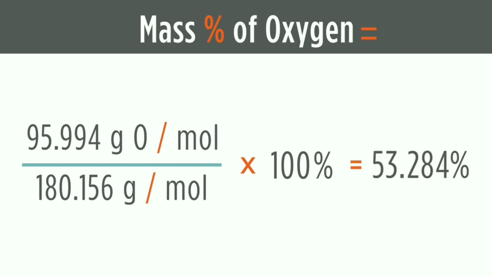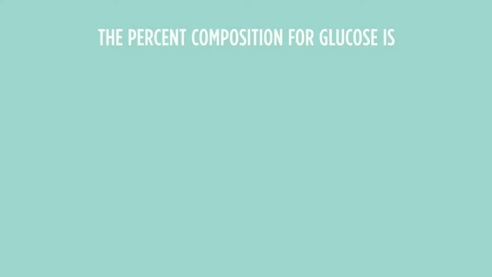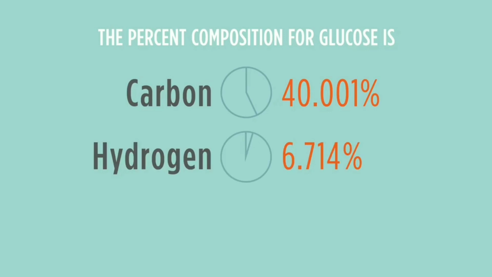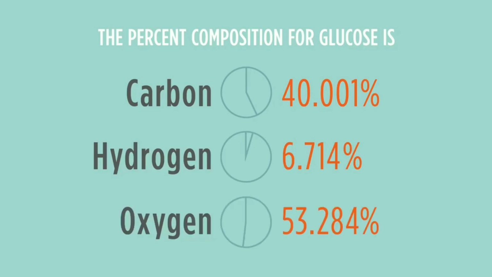We get 53.284%. So therefore, the percent composition for glucose is going to be 40% carbon, 6.7142% hydrogen, and 53.284% oxygen.